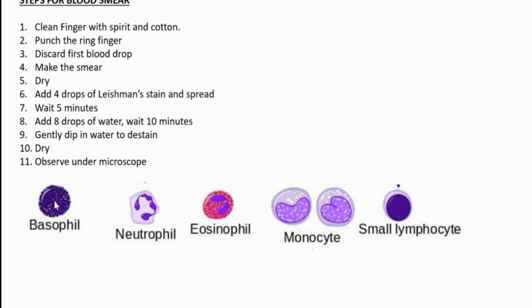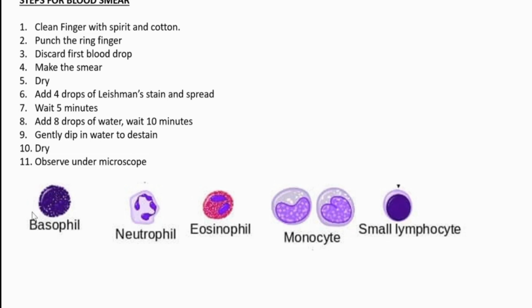Basophil, even though its nucleus shape is horseshoe, is not visible. It is not that clear, because of the intense presence of granules. So in the basophil, it appears like a round spherical structure, and there is more chance of confusion between basophil and lymphocyte.